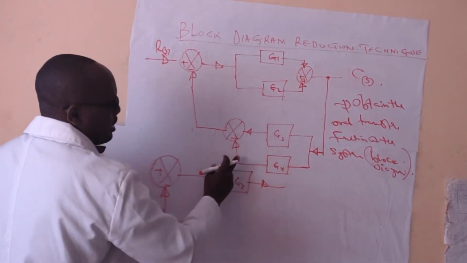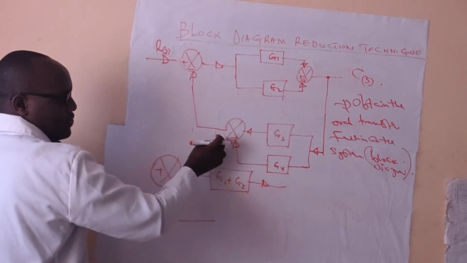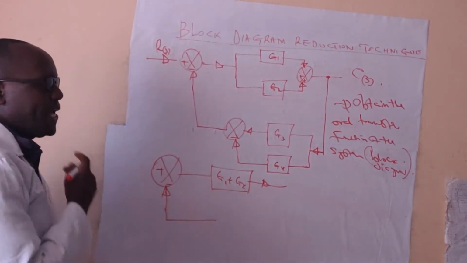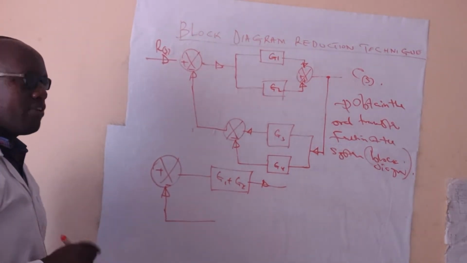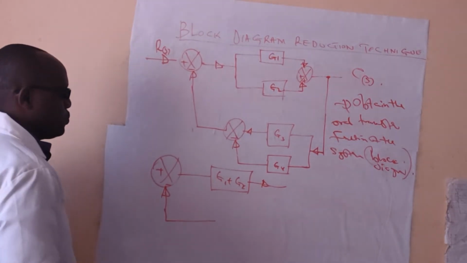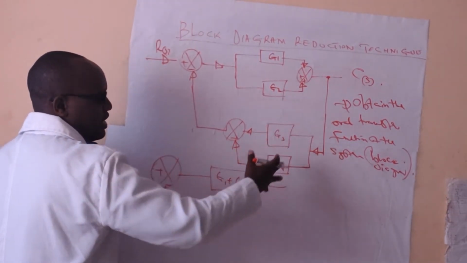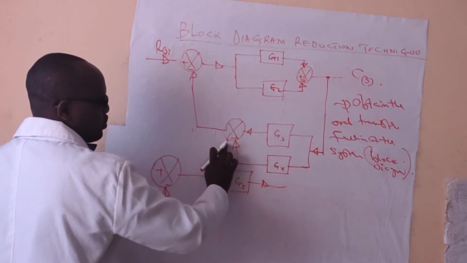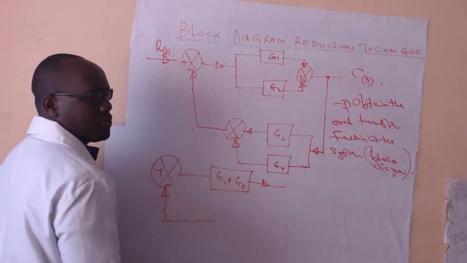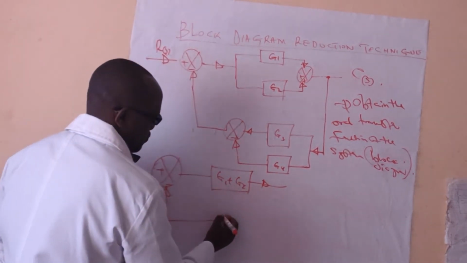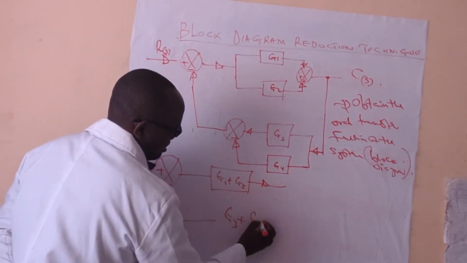Heading to the summing point, we use rule number 2, which says that when they are arranged in parallel, based on what you have been given, this is negative, so we say G3 plus G4.